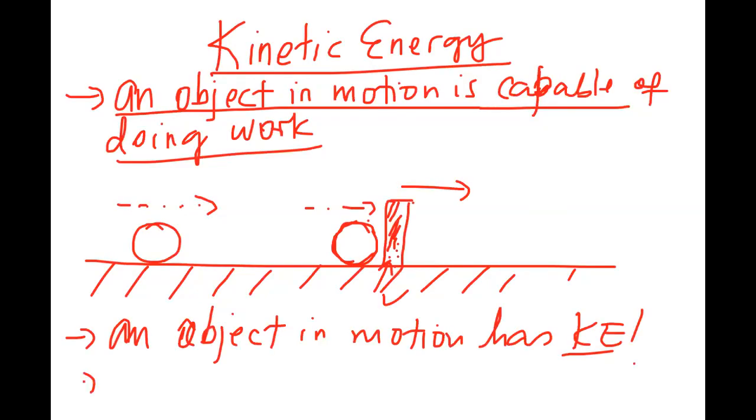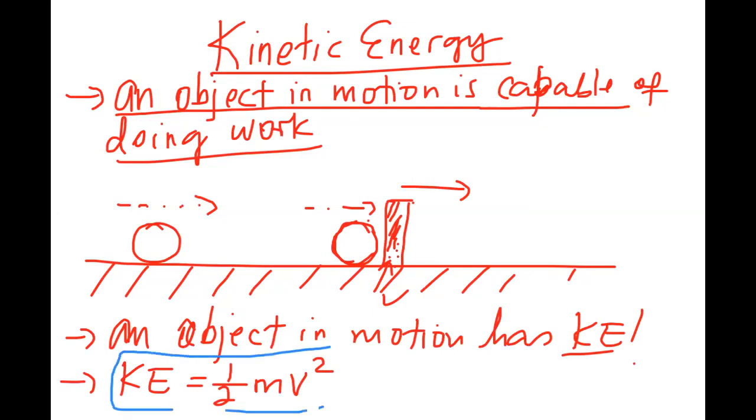Without proof, we are going to give the formula for kinetic energy. Kinetic energy can be found by multiplying half the mass of the object and then velocity squared. This is the formula that we use to calculate kinetic energy, or energy of motion.